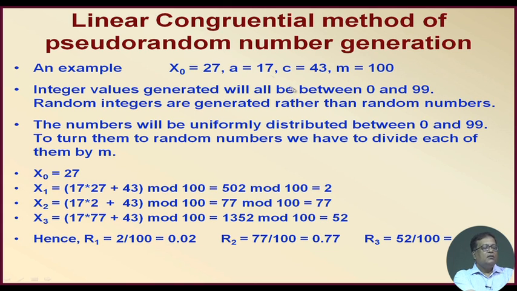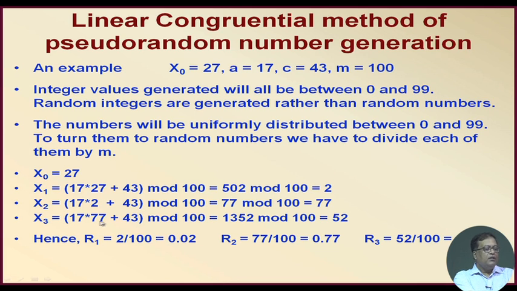Second number: 17 multiplied by 27 plus 43, mod 100. So, it will become 502 mod 100. Divide, the remainder is 2. That remainder will be the number. Third number: 17 into 2 plus 43, mod 100. Why 2? Because the last number was 2, and then 77 mod 100, we got 77.